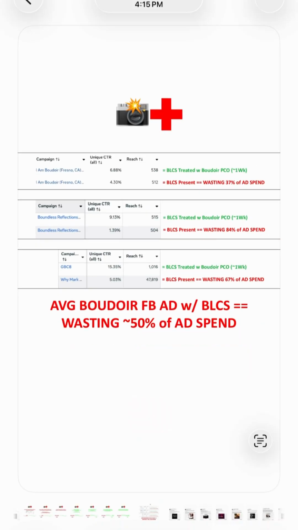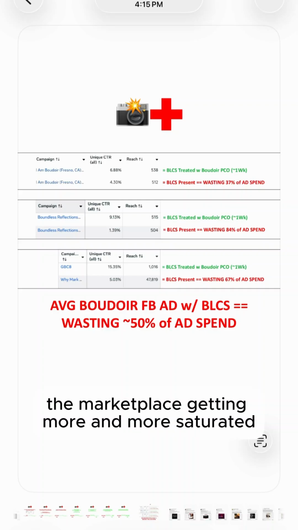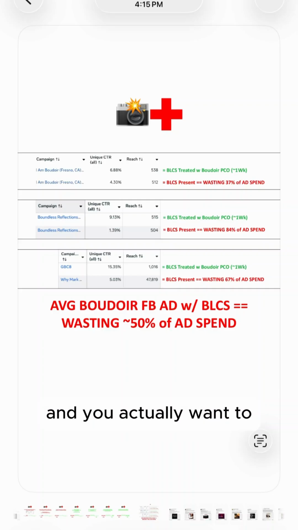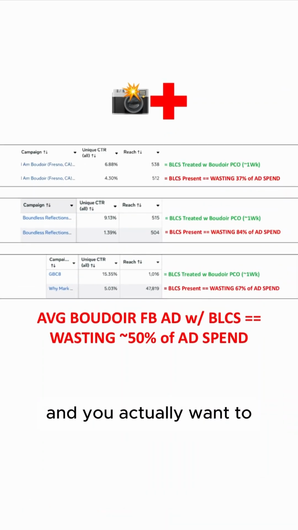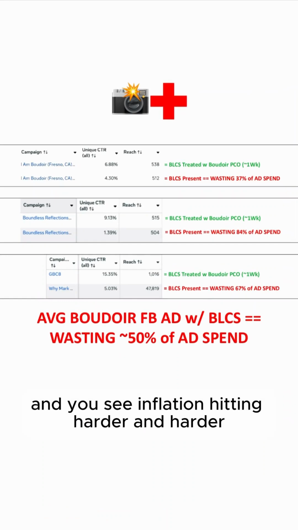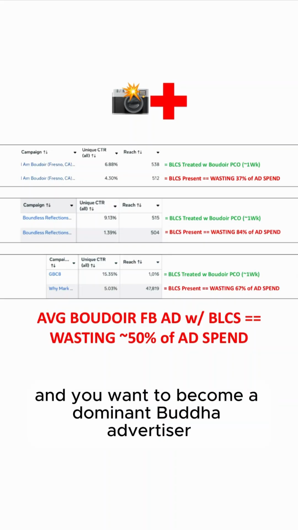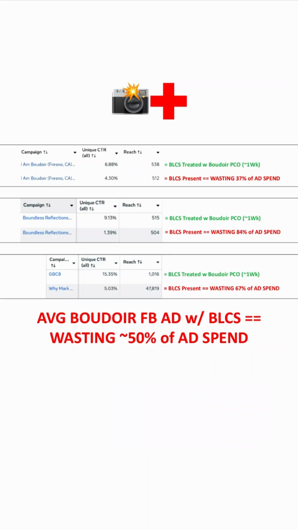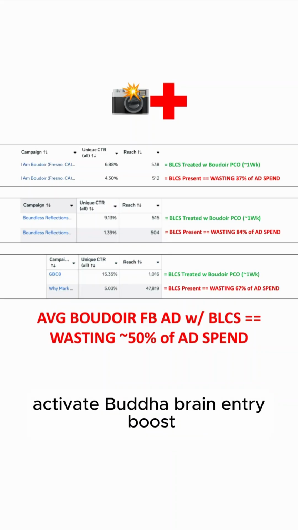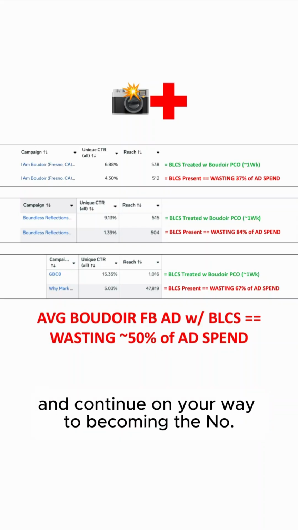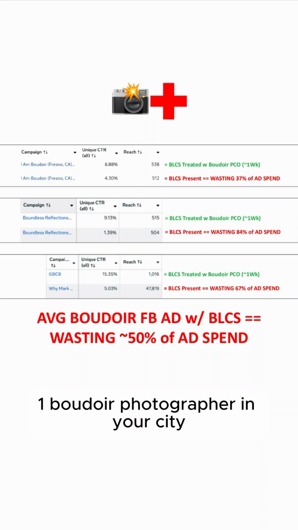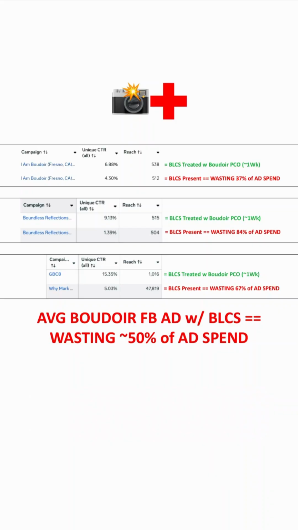And so you see the marketplace getting more and more saturated, and you see inflation hitting harder and harder, and you want to become a dominant boudoir advertiser, achieve pre-click alignment, activate Boudoir Brain Entry Boost, and continue on your way to becoming the number one boudoir photographer in your city.